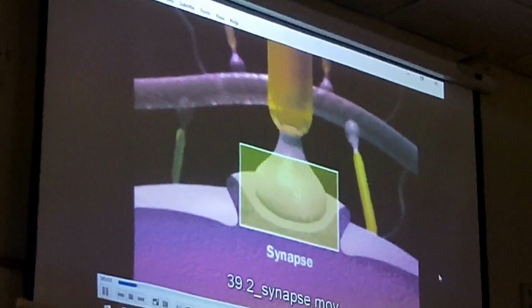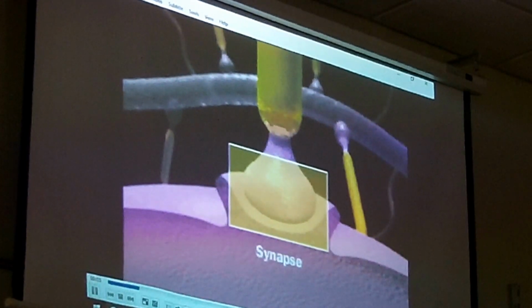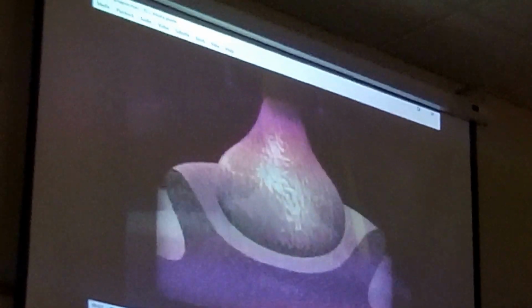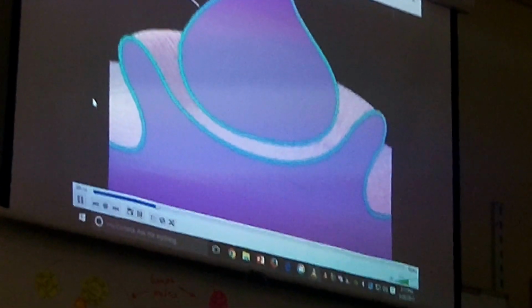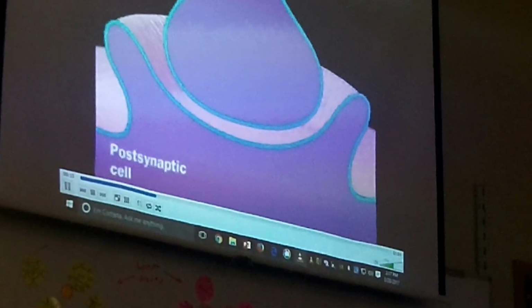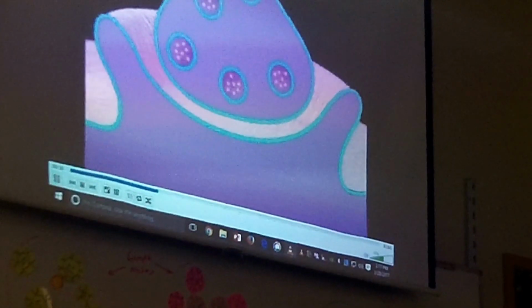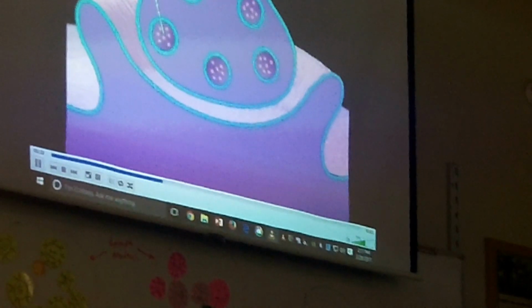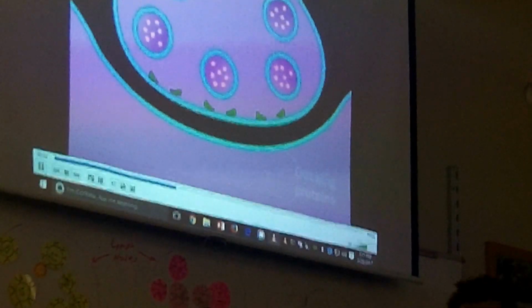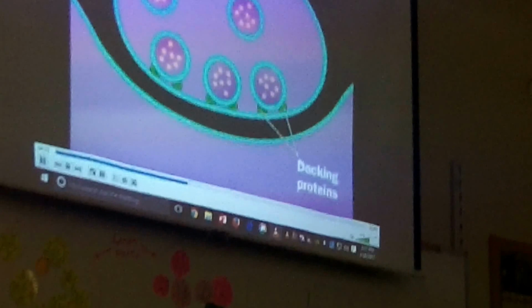At a chemical synapse, a neurotransmitter molecule, such as acetylcholine, communicates a signal from one neuron, the presynaptic cell, to another, the postsynaptic cell. Neurotransmitter molecules are stored in vesicles in the presynaptic neuron. Some vesicles dock via specific docking proteins at the presynaptic terminal.